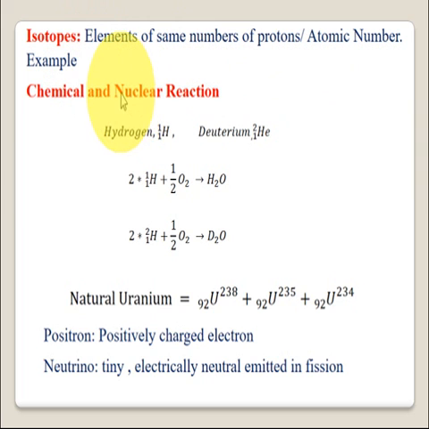So we know chemical reactions: when carbon burns, it forms carbon dioxide and releases heat energy. Another reaction is when hydrogen combines with oxygen, meaning burns in the presence of oxygen, then water, H2O, is formed.